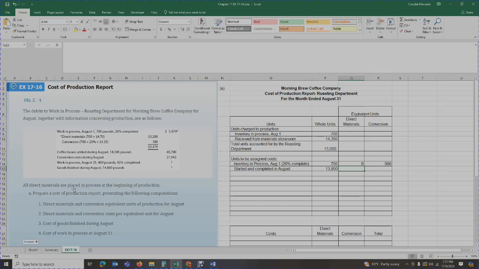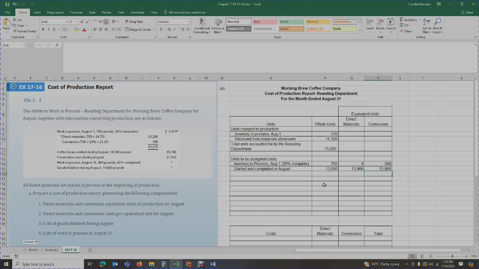Remember, materials are placed in process at the beginning of production. Did we put these 13,900 pounds of coffee beans in production this month of August? The answer is yes. So the entire 13,900 are equivalent units for direct materials, and 13,900 are equivalent units for conversion costs.